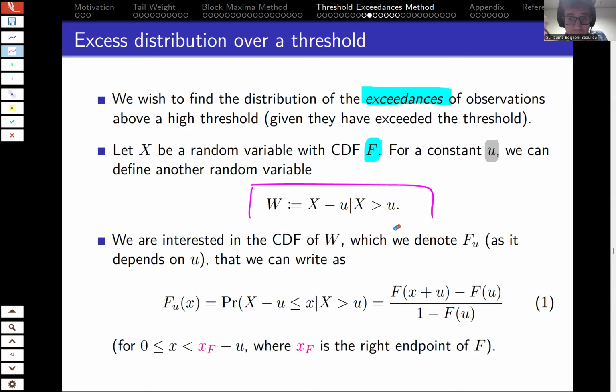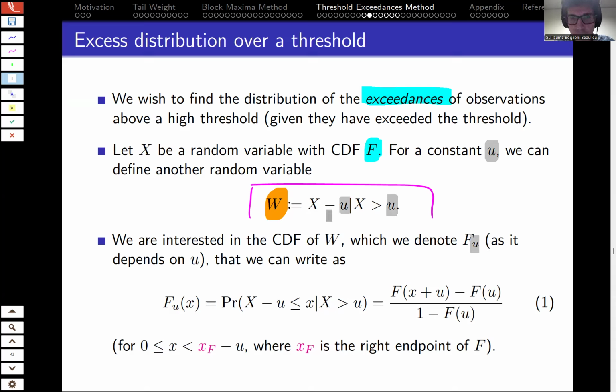Now you might say, we know it already. We know how to compute the CDF of W if we know the distribution of X. This is the type of calculations we've done before. Here we give it a new notation. We say the CDF of this W, given a certain threshold U has been exceeded, we will call this big F_U.